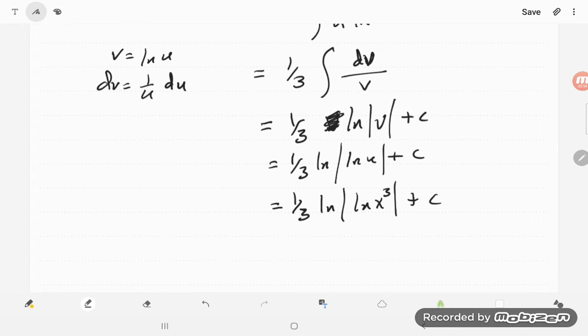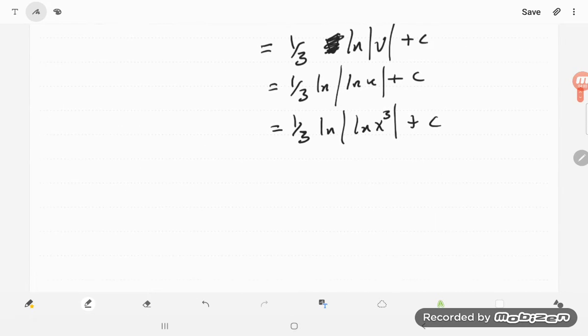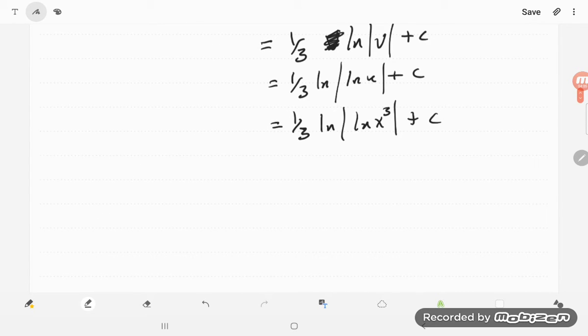Okay, well, now let's try that a slightly different way. So we have, again, we want the antiderivative of 1 over x log of x cubed dx.